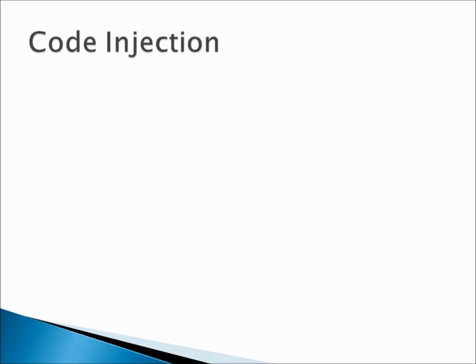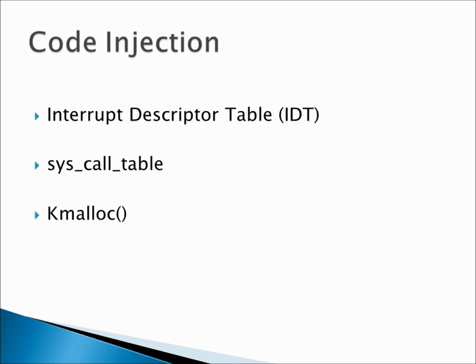Code injection. Before explaining this technique, let me introduce you to some of the technical terms that would be used. They are interrupt descriptor table IDT, system call table, kmalloc. IDT is a data structure used to implement interrupt vector table. It is basically a table of interrupt handlers.